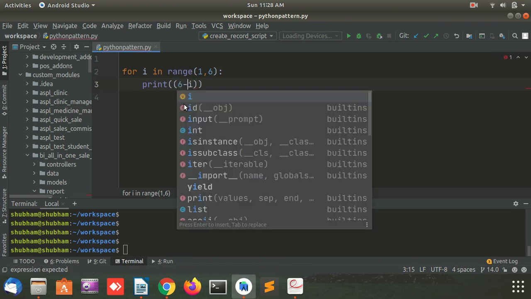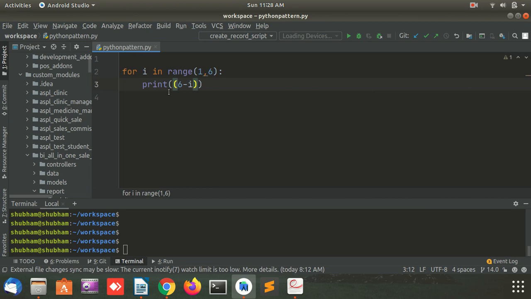I means, first i value is 1. So 6 minus i, it means 5. So 5 multiplied by star. So 5 times printed star. Okay, so let's check.